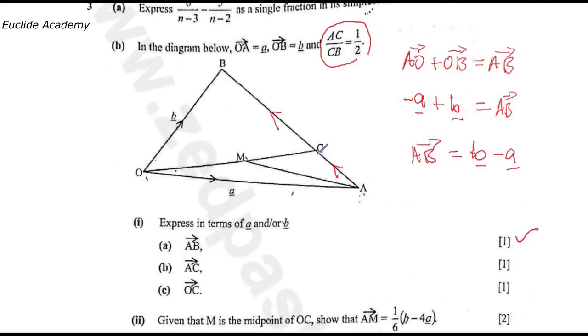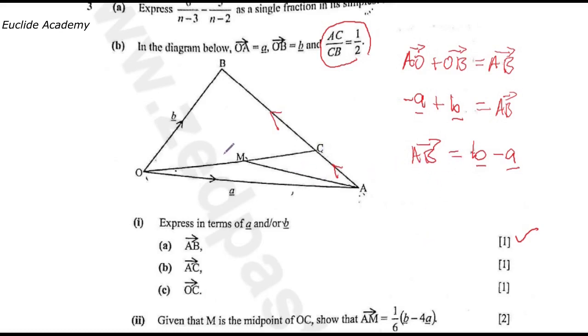Again, we're trying to look at situations which can give us a triangle by using the triangle law for adding vectors. So AC is made up of, to make a triangle, we've got OA, AC, like that. We've also got the vector OC there.